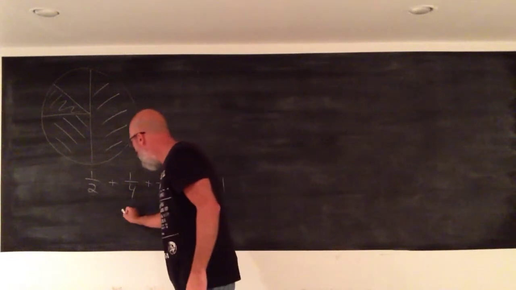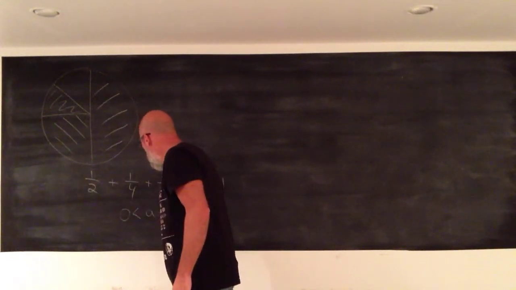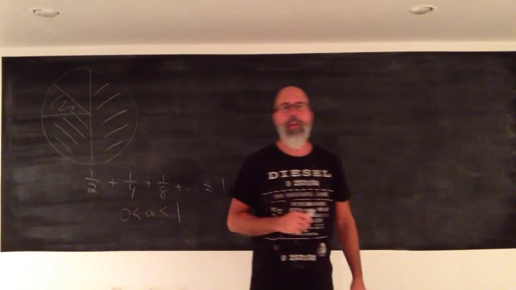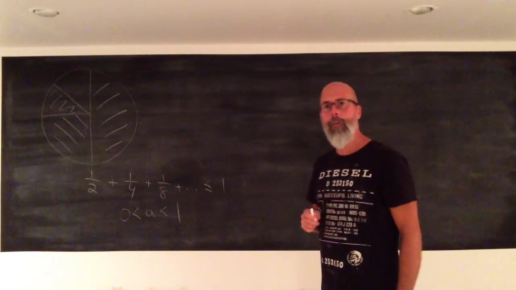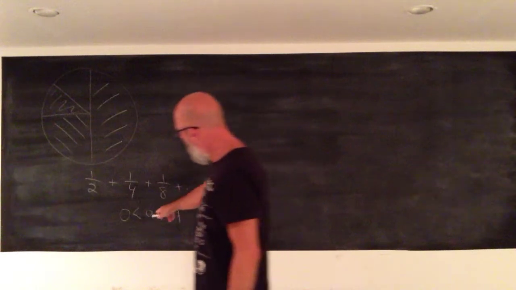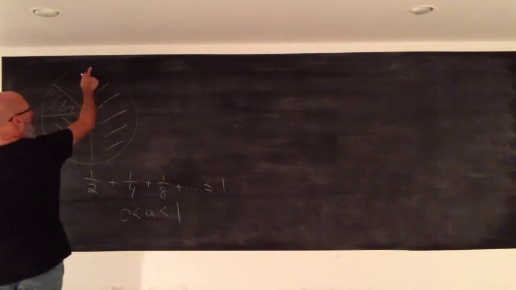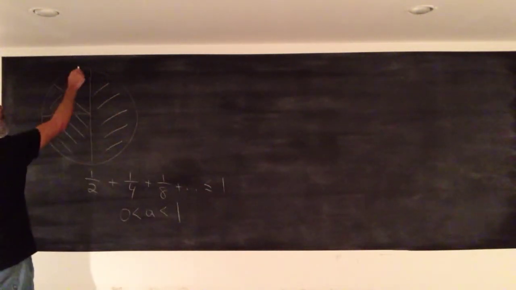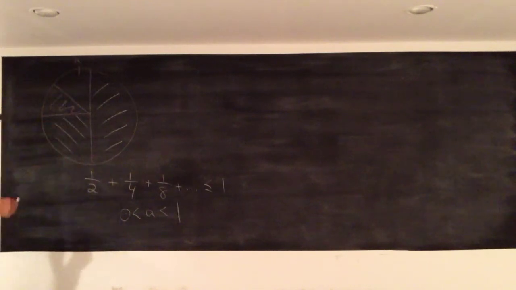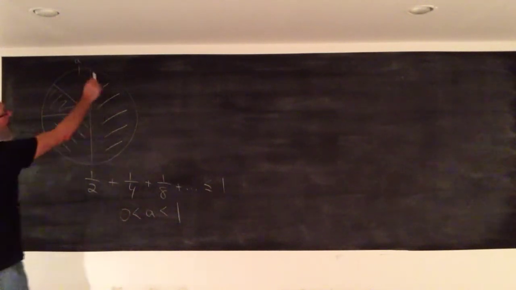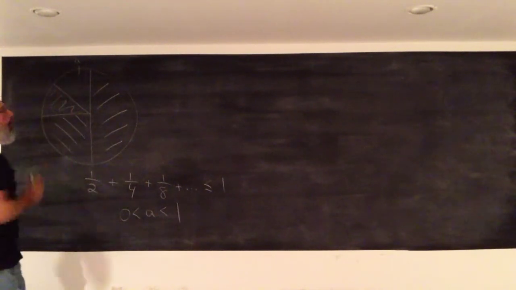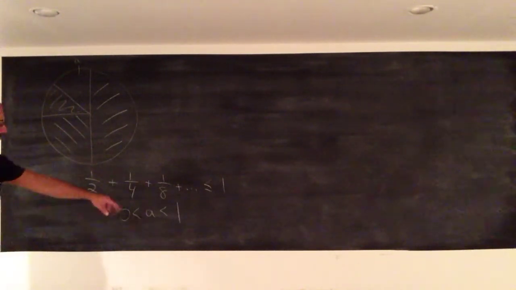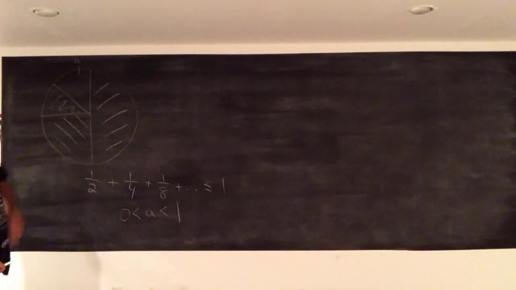Similarly, if you take a number a between 0 and 1, you can think of this as a portion of the pie. And if a is very close to 1, it's almost a whole thing. So if you measure the pie clockwise, a is almost the whole thing, so very close to the starting point.